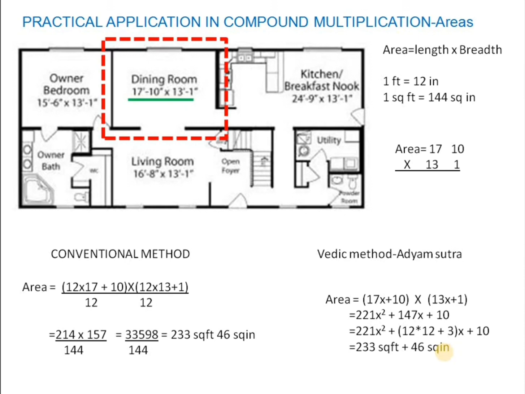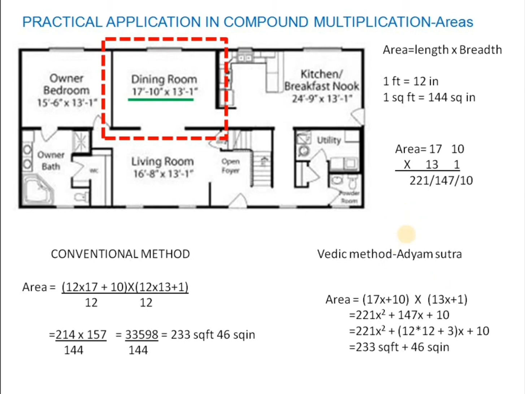Now if you multiply, we divide the answer into 3 parts. The vertical multiplication 17 into 13 gives us 221, the cross multiplication 17 plus 130 gives us 147, and 10 ones are 10. Now we do the same thing: we divide the middle part by 12, and whatever whole value we get, we shift it to the left side.